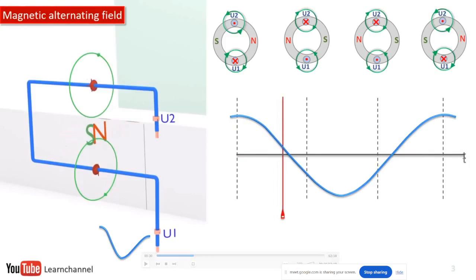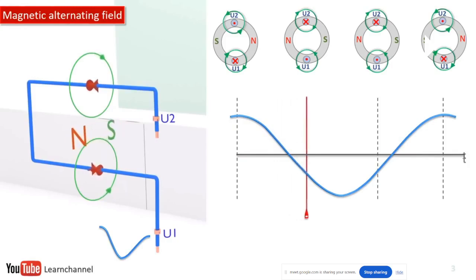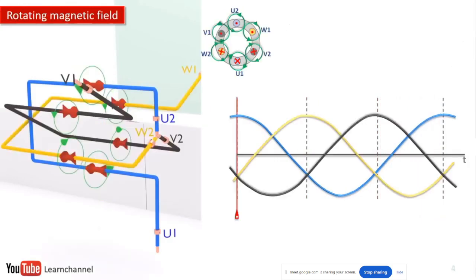If the dot symbol is shown, the current is coming out. The plus symbol indicates current is flowing through this. Here we can see u1, here current is flowing in and current is coming out. That is how it will be changed. When the current direction changes from positive to negative, the rotating field also changes.